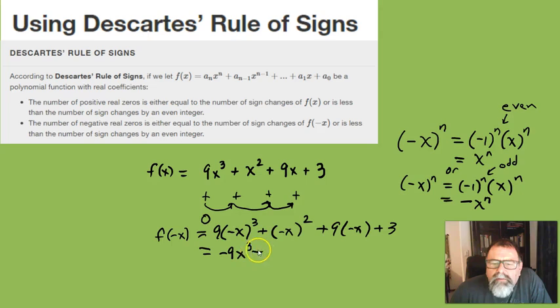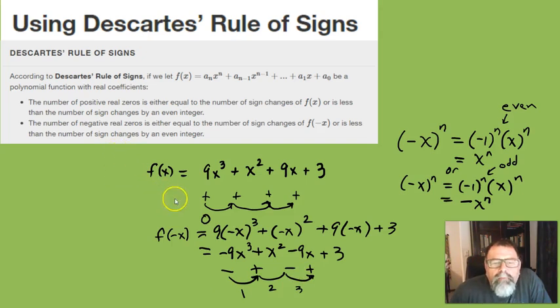This one's even, so the negative cancels. This one's odd, so I get negative 9x. And then there's no x here, so that one stays the same. And notice you got negative, positive, so there's a sign change. There's a sign change. And there's a sign change. So that has 3 sign changes.